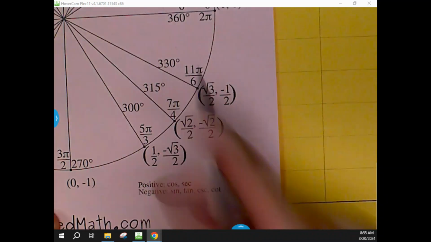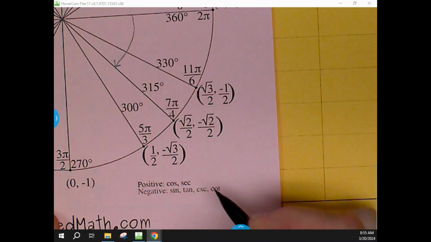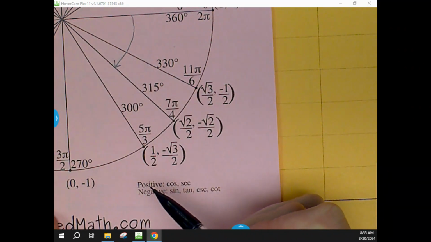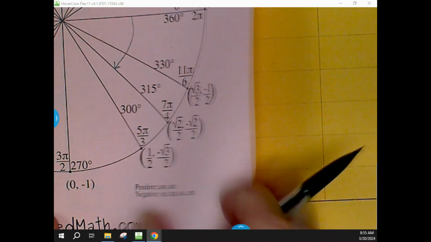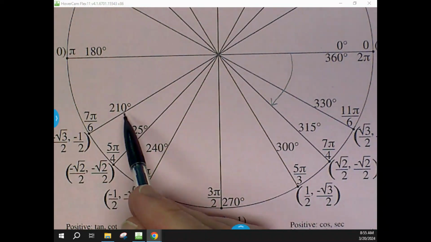But again, if it's negative 45, now we're going down 45 degrees. If you go down 45 degrees, that will put you on the 315 mark. Okay, so that one is square root of 2 over 2, then negative square root of 2 over 2. Okay, negative 7 pi over 6, same thing, right? 7 pi over 6 is 210, so we need a negative 210.